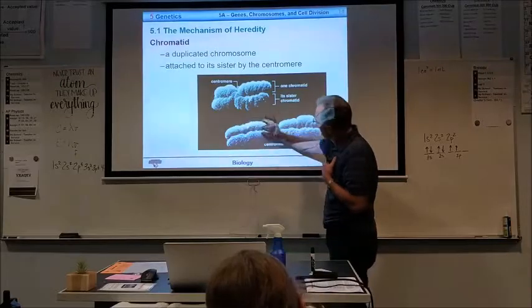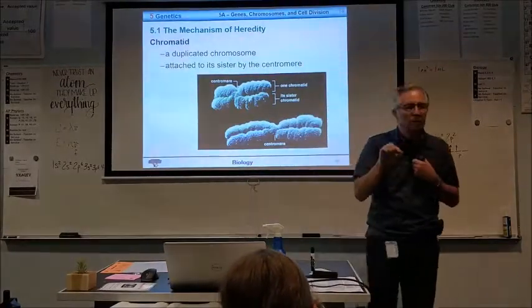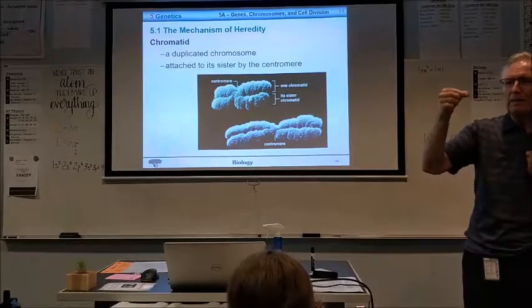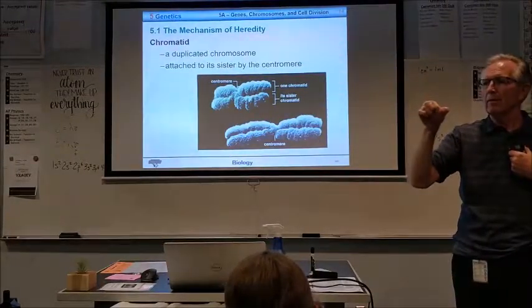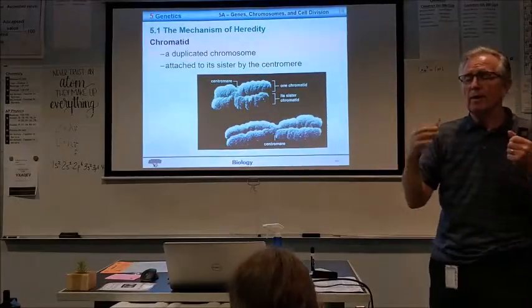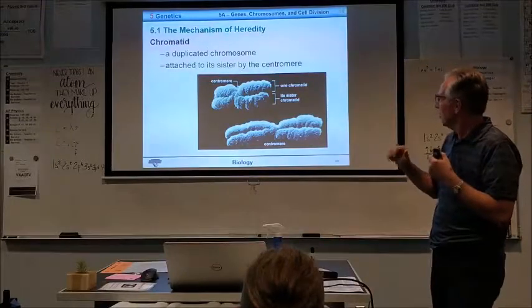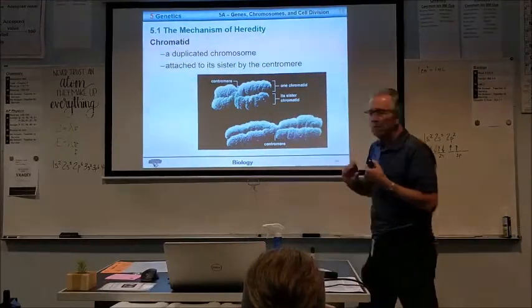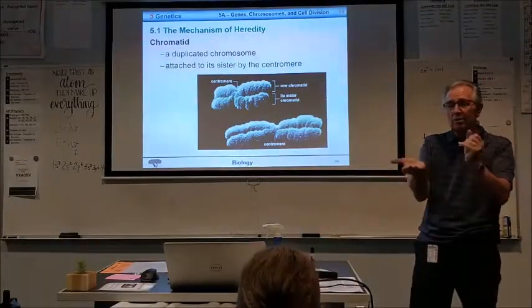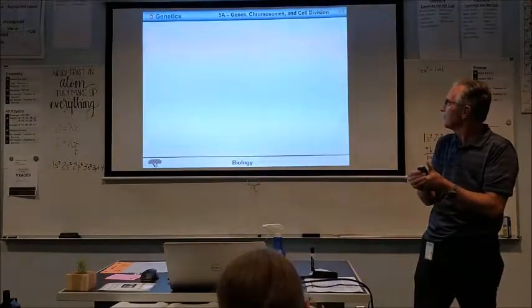And somewhere along in here is a structure called a centromere that is kind of like a little button that holds it together. It's not always exactly in the middle. It's called a centromere. So it has two parts to that. They're called chromatids.